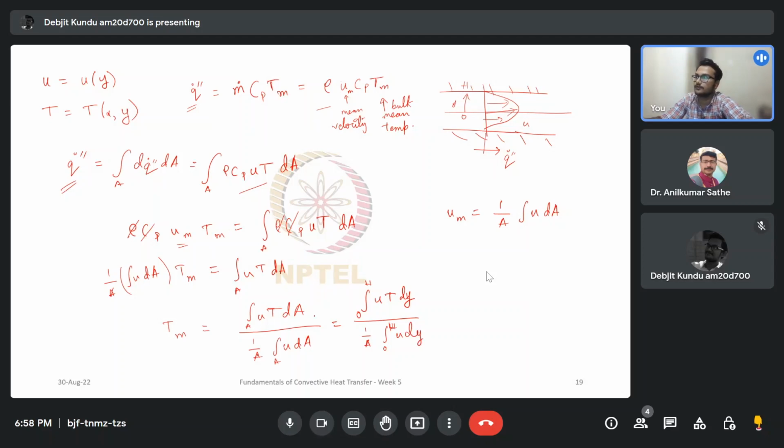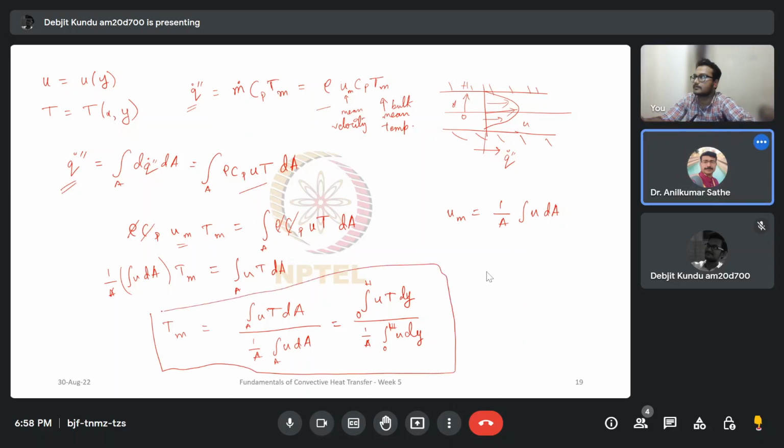This is the formula for Tm. This formula I have seen in derivation, but instead of A, this would be h, or 2h for that matter. It would go from minus h to h. Sorry, these limits are wrong.